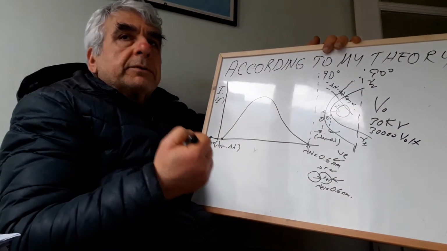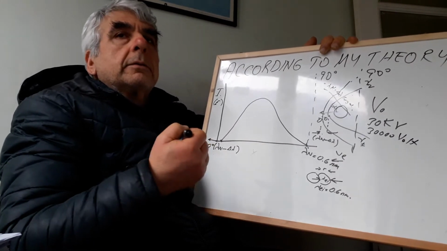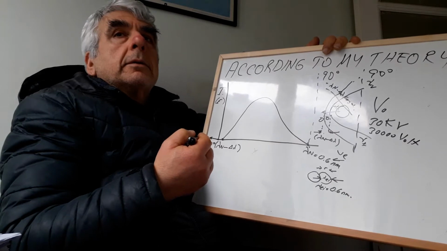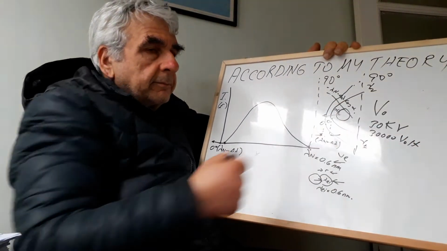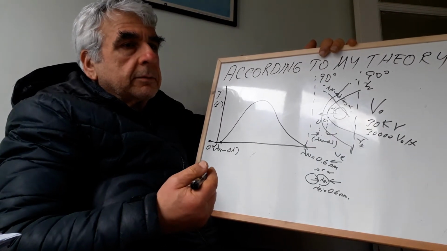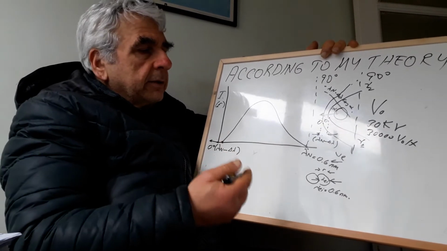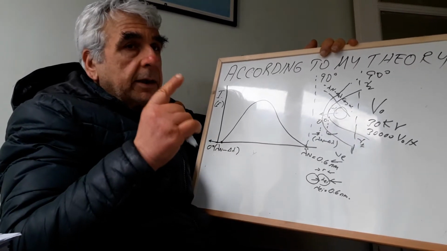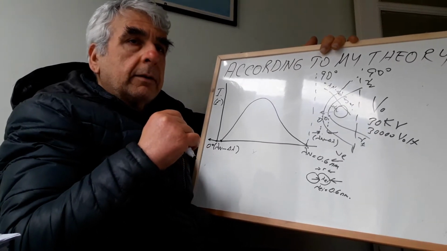That electric potential will give the electron velocity. But what is the quantity of that velocity of the electron? We will find it now according to my theory and my formulas.